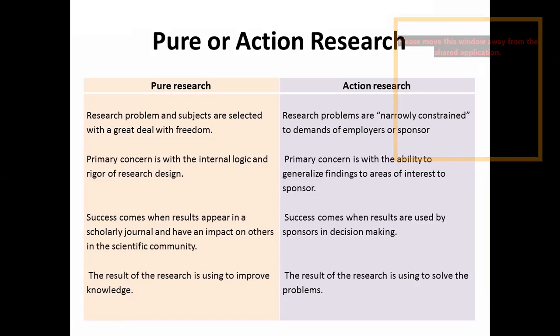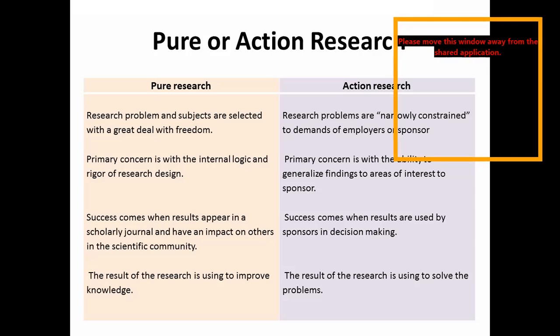And if we're talking about the concern of each, pure research is concerned with the internal logic and rigor of the research design. But action research is concerned with the ability to generalize findings to areas of interest to the sponsor. For example, a company is coming to invest in Cambodia.